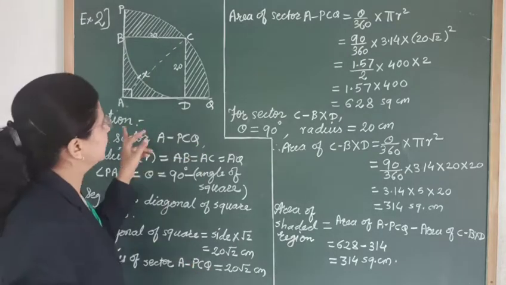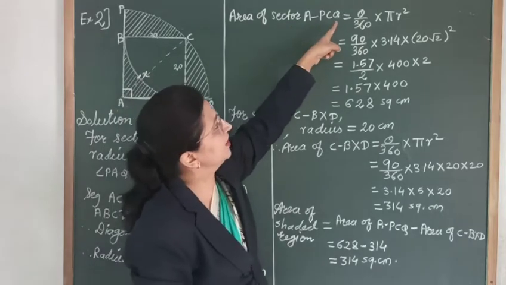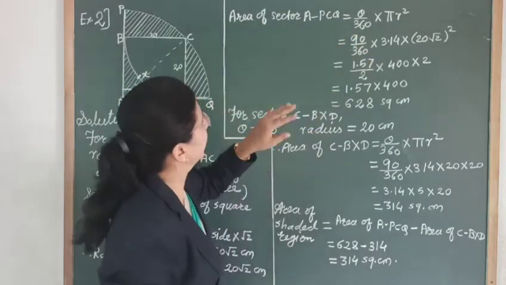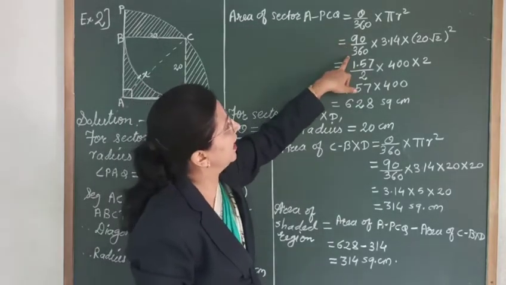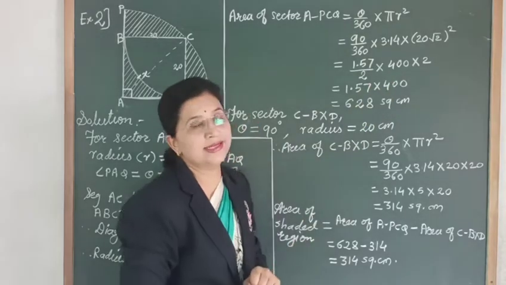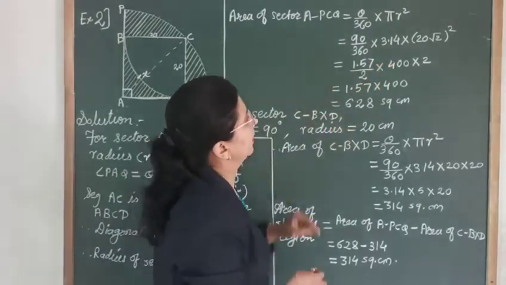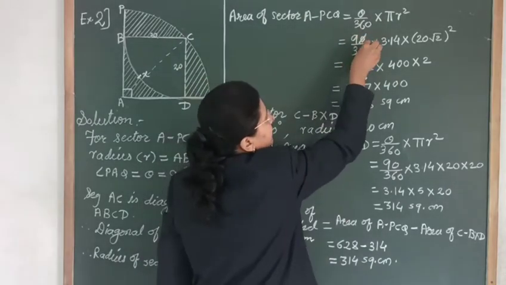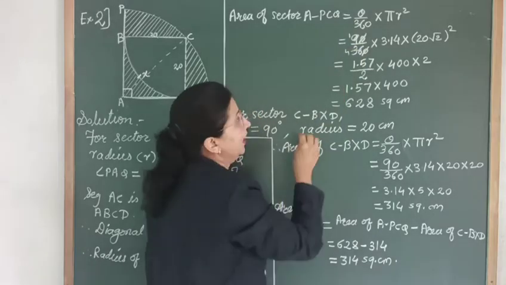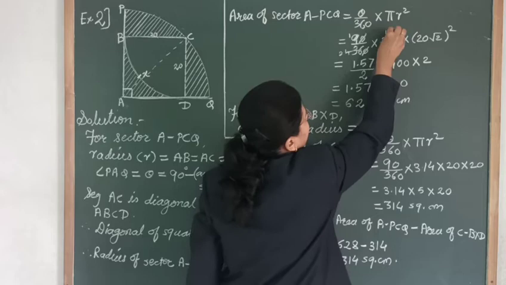Okay. Theta is 90. So let's find the area of this sector A' PCQ, that is theta upon 360 into pi r square. So theta 90 upon 360 into pi 3.14 into radius 20 root 2 bracket square. Now if we calculate this, 0 0 cancel, 9 1s are 9, 9 4s are 36. Then 2 2s are 4, 2 1s are 2, 5s are 10.